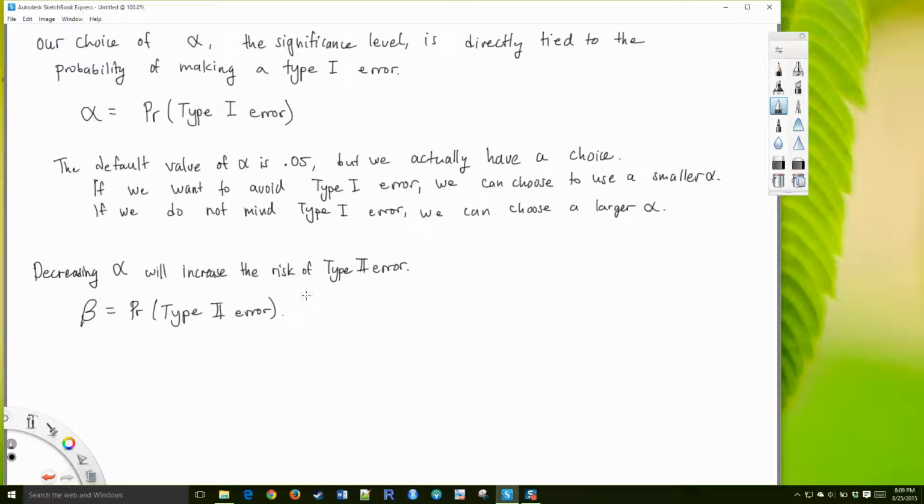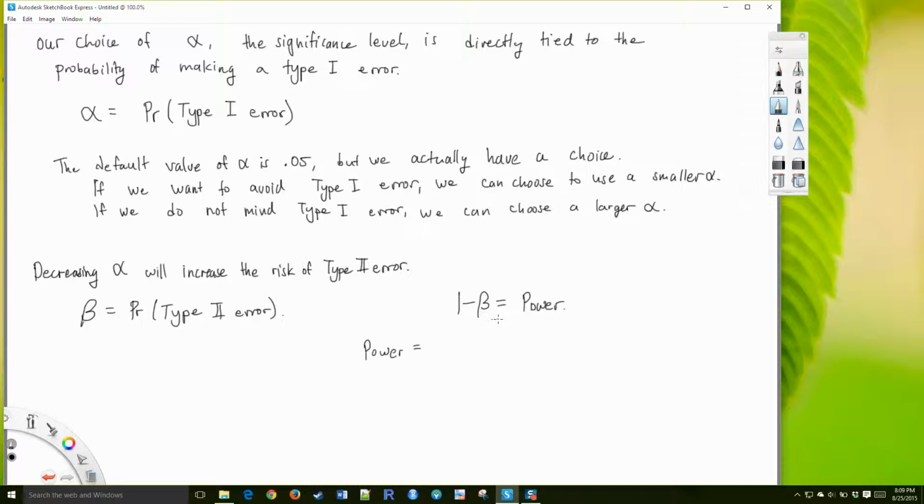So I should also note something, that we give the quantity 1 minus beta something called power, okay? And power, so whenever you do 1 minus a probability, you're getting the probability of what?